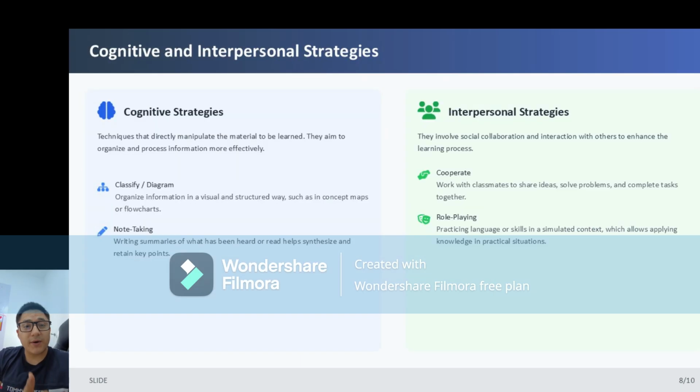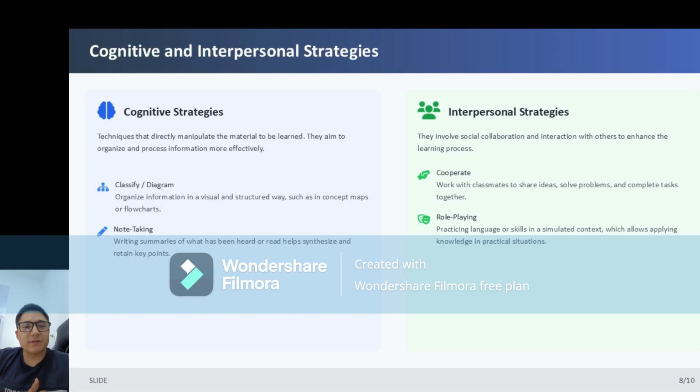Cognitive and interpersonal strategies. Cognitive strategies. These techniques directly manipulate the material to process information effectively. Classifying, diagramming, and organizing information visually and in a structured way, such as in concept maps.